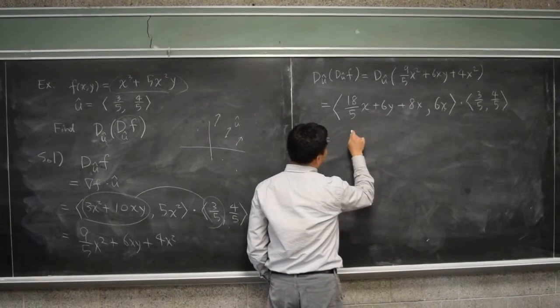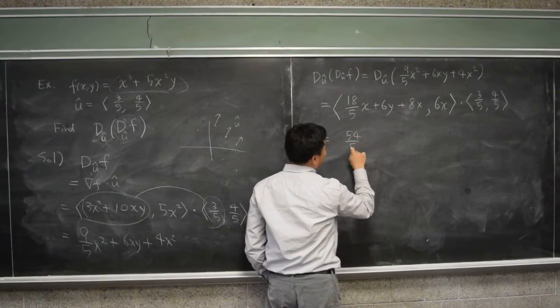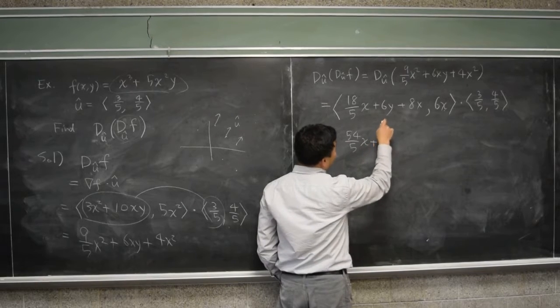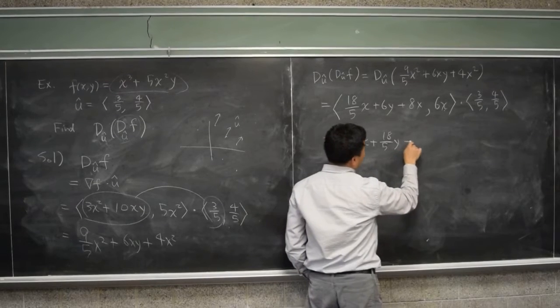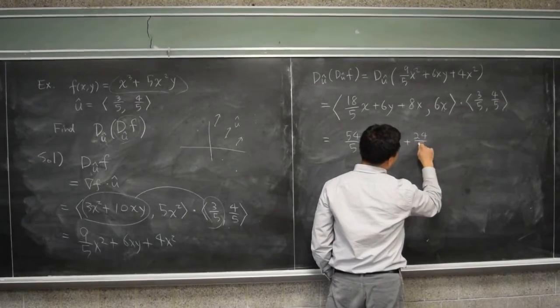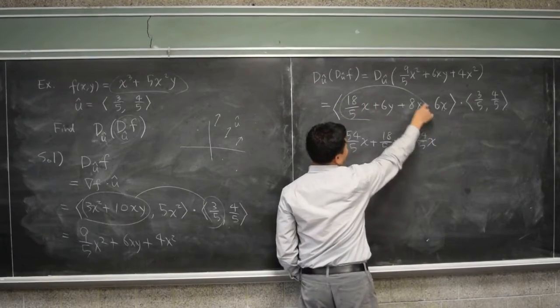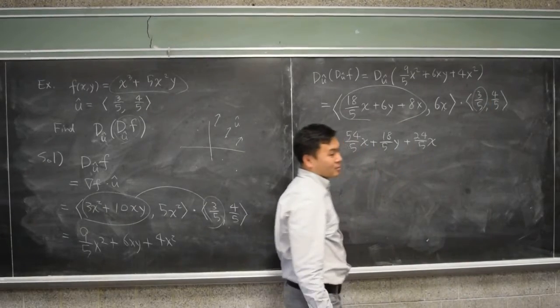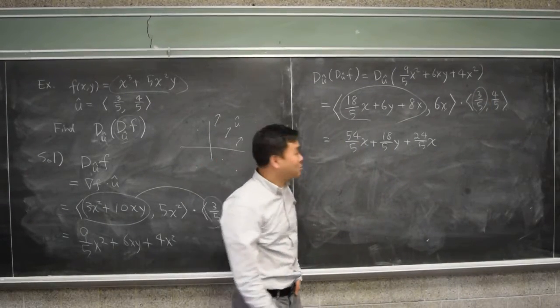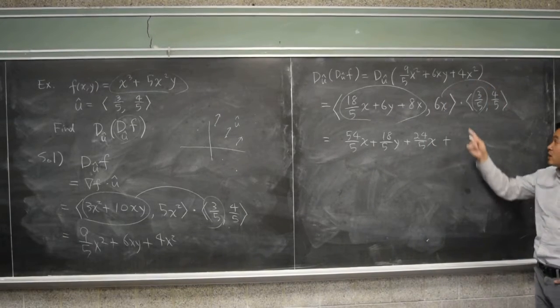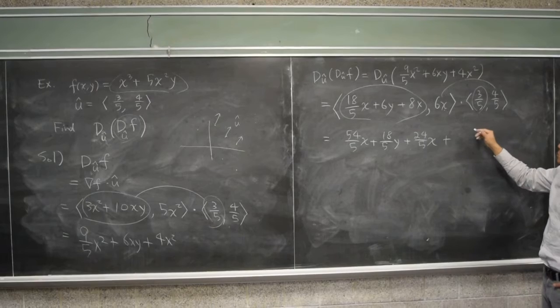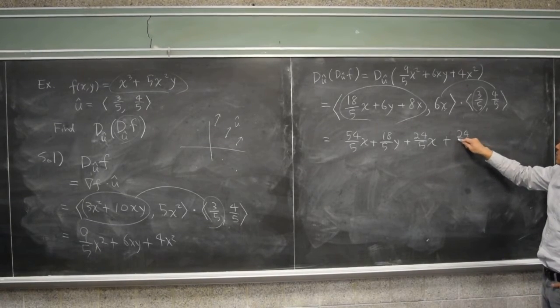Therefore, that's 54 over 5 x plus 18 over 5 y, plus 24 over 5 x. That's what I get if I multiply this to the first one. It's a component-wise multiplication that you add. These two are y components, so we multiply them. 24 over 5 x.